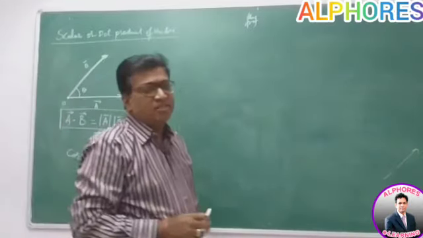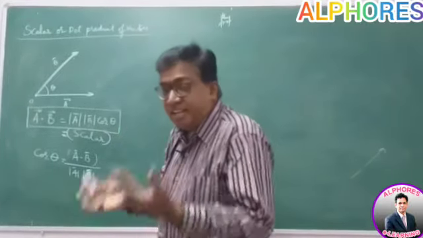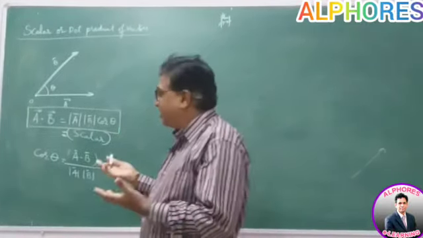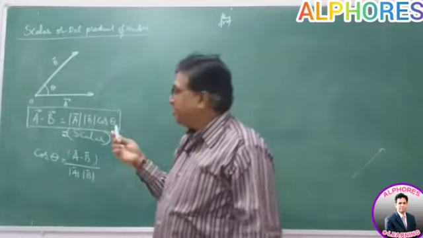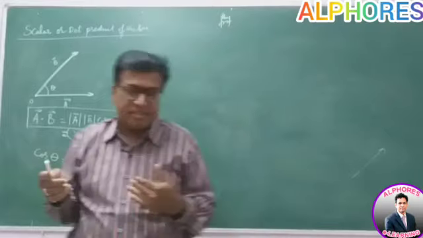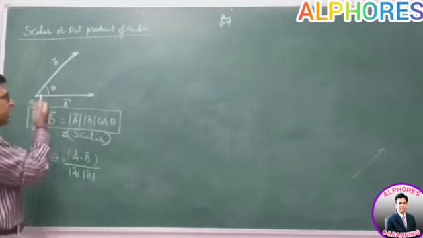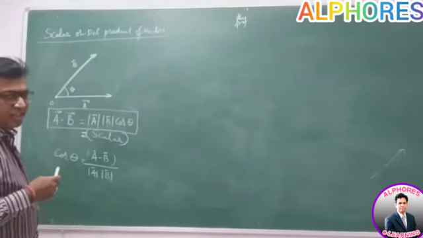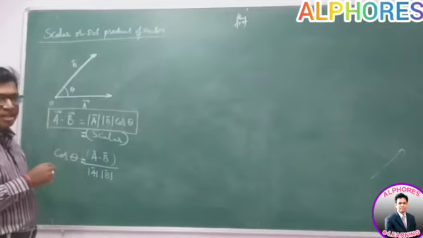What is the significance of the dot product of two vectors? What does this product reveal? What is the major use? The major use of this is to find the component of a vector in the direction of another vector. You can find the angle between the vectors. Cos of the angle between the vectors can be determined from this.